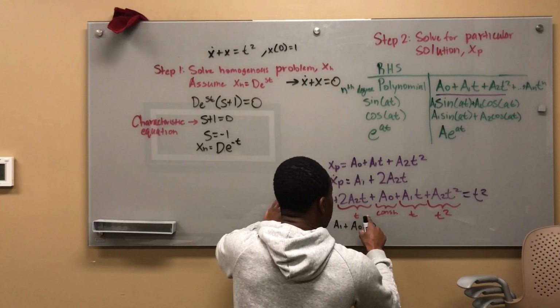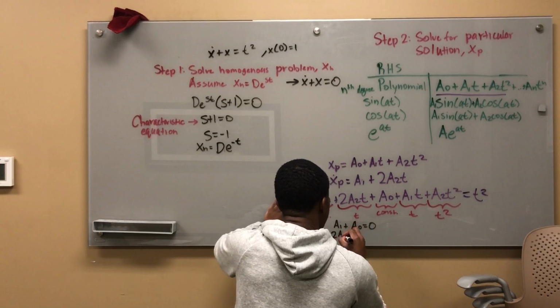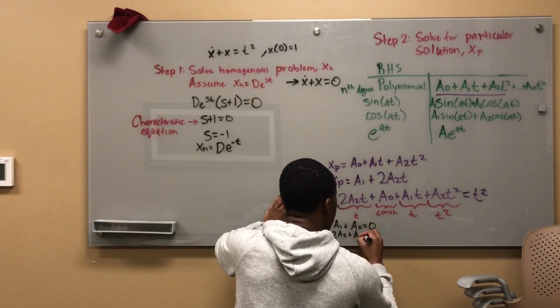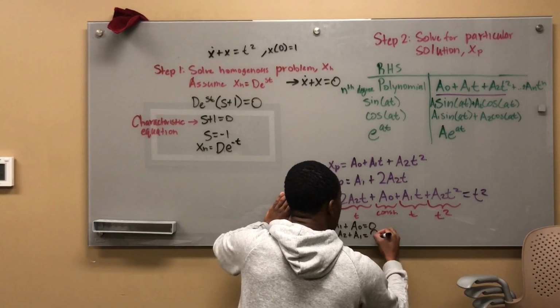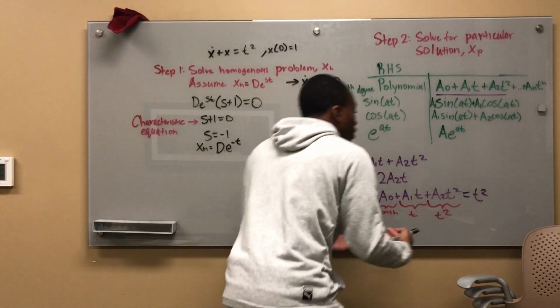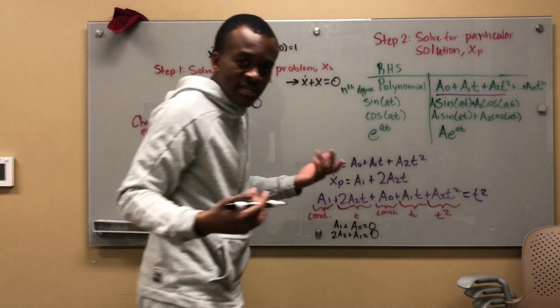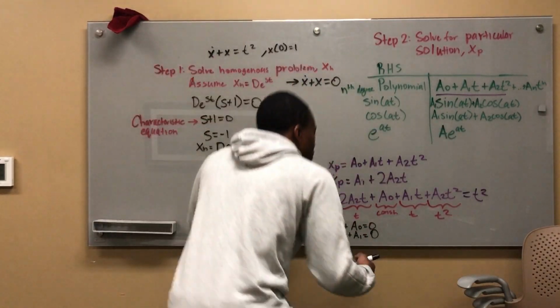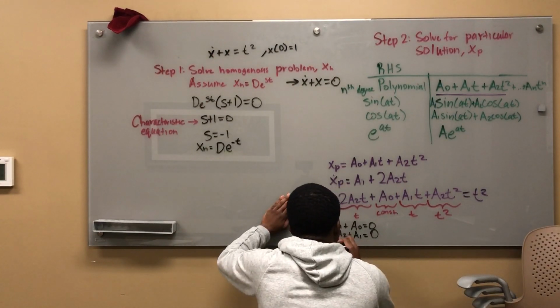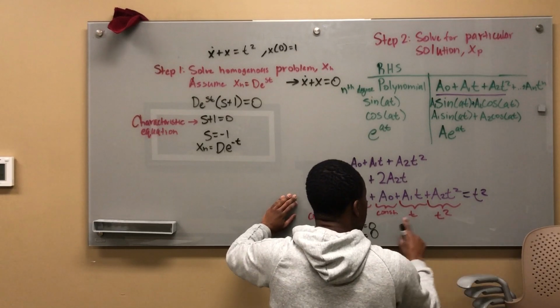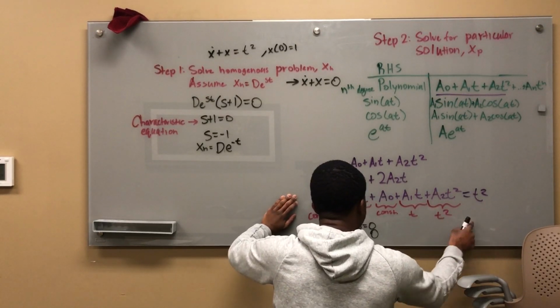I know that looking at this t, 2A2 plus A1 equals 0. And why do I know that these equal 0? I'm looking for all of the constants on this side. I'm looking for everything that ends in a t on this side, and there's nothing that ends in a t on that side there. But I know here that A2 equals 1, right? Because A2 is the only thing with a t squared.